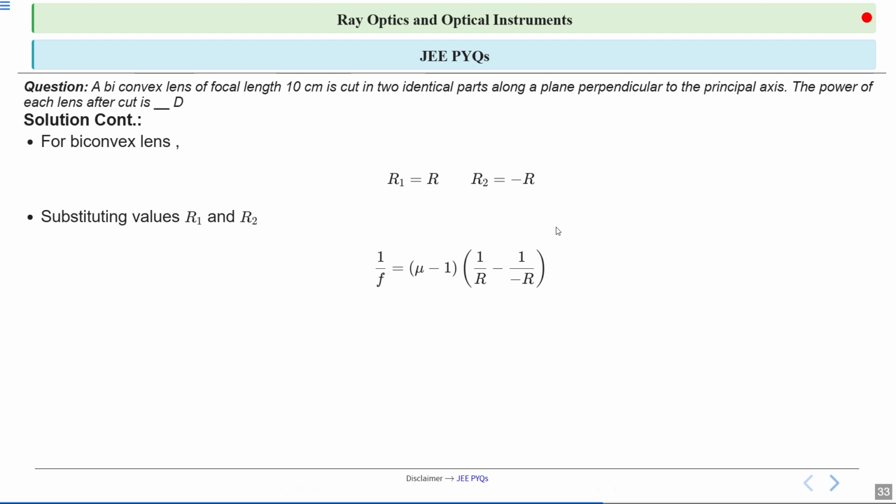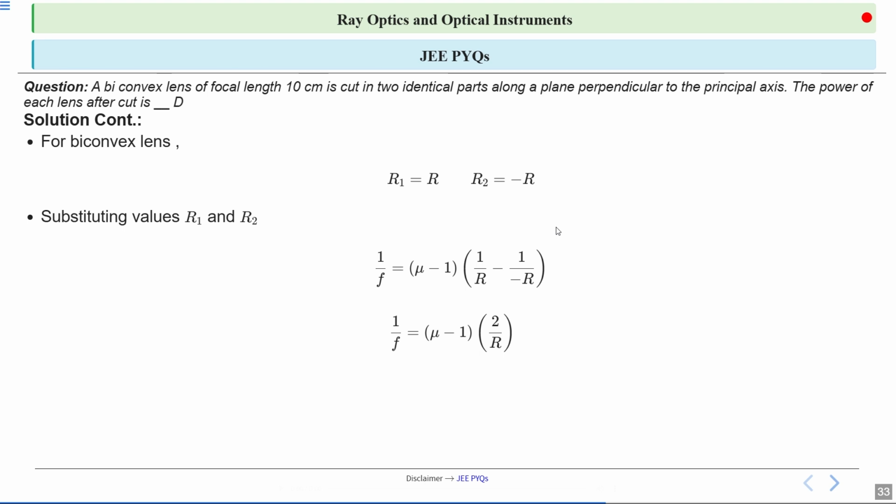So substituting these values into the lens maker's formula, 1 upon f equals mu minus 1 multiplied by 1 upon r1 minus 1 upon r2. By substituting r1 and r2, we get 1 upon f equals mu minus 1 multiplied by 1 upon r minus 1 upon minus r. So after simplifying, we arrive at 1 upon f equals mu minus 1 multiplied by 2 upon r.